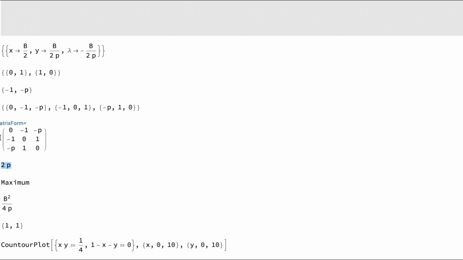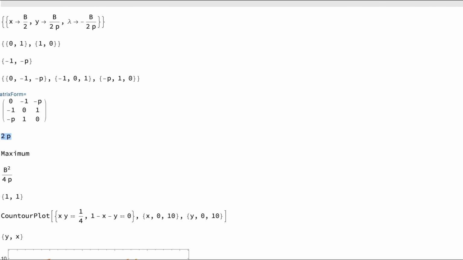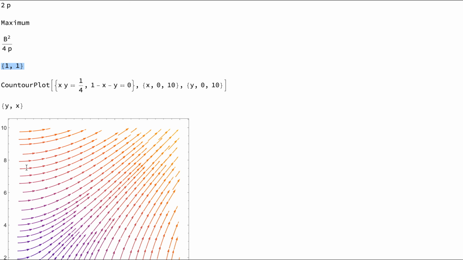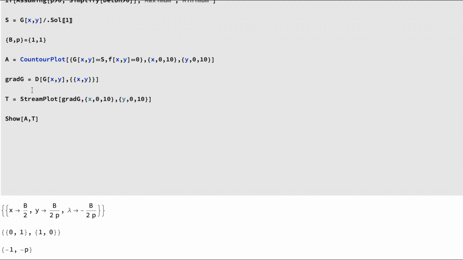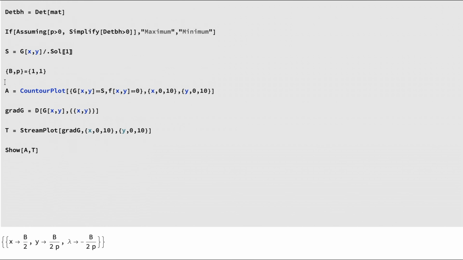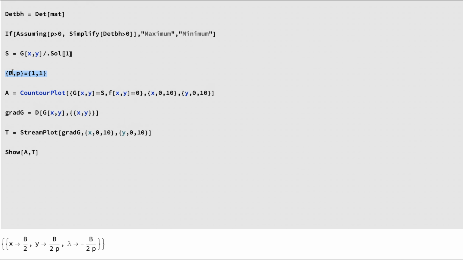We then have the determinant of this matrix form, and using this determinant we have shown that this optimum is a maximum as the determinant is greater than 0. We then have b squared over 4p, which represents the value of the function g of x, y when we substitute in the optimum. And then we have 1, 1, which is simply what I've decided the parameters b and p to be.